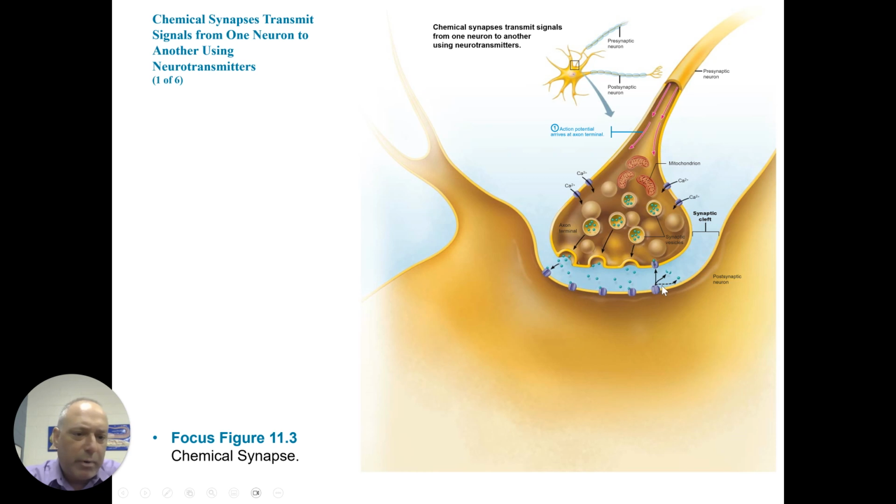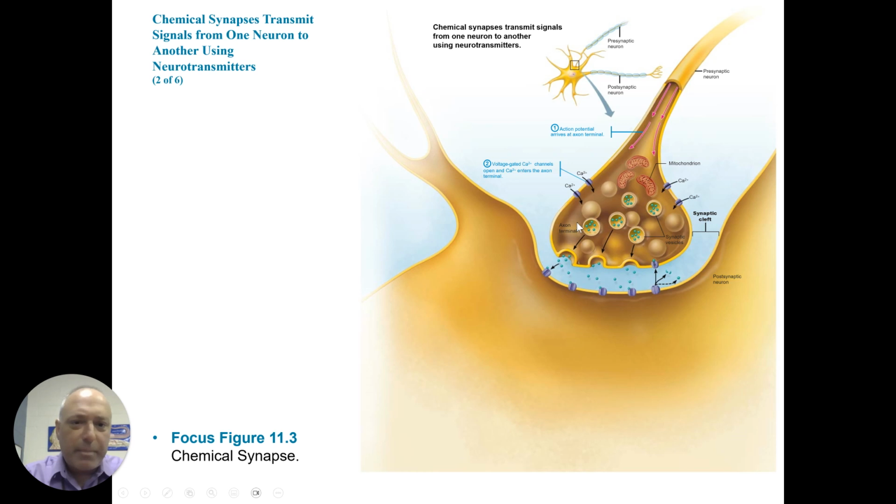And then here we show a postsynaptic neuron with the postsynaptic membrane. In between is the synaptic cleft, where the neurotransmitter is dumped. Now, this exocytosis of the neurotransmitter is a calcium-dependent process. Voltage-dependent calcium channels open in response to the depolarization of the action potential down the axon into the terminal. These are what's going to cause exocytosis of the vesicles into the synaptic cleft, which will then stimulate this postsynaptic neuron.